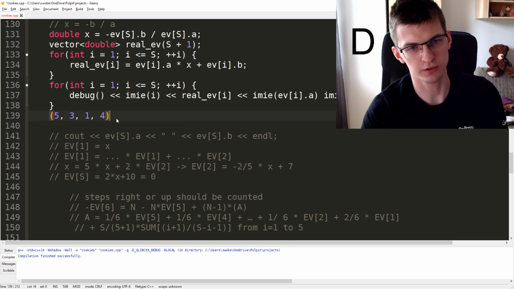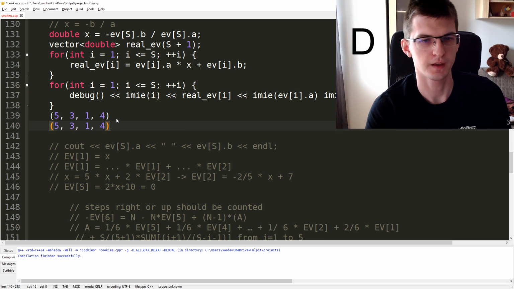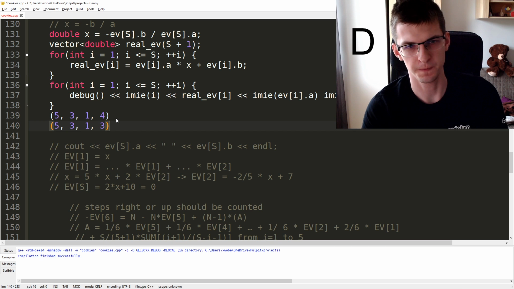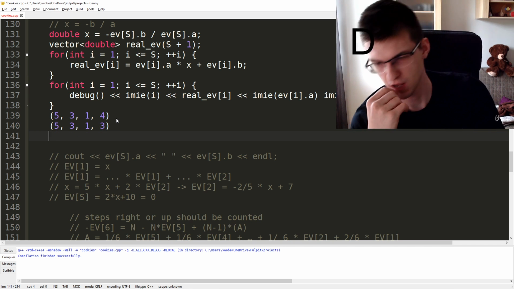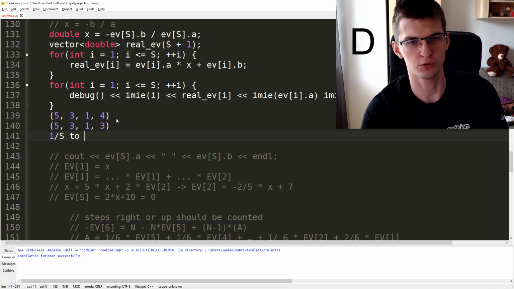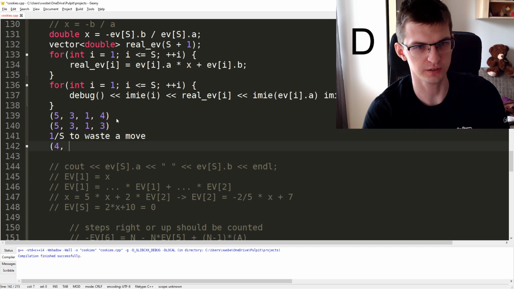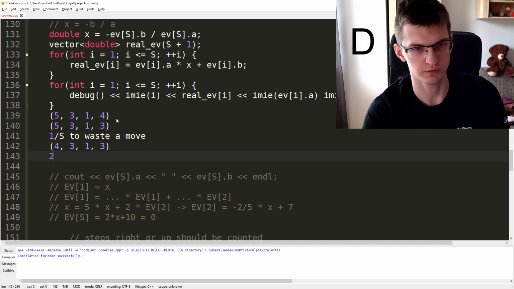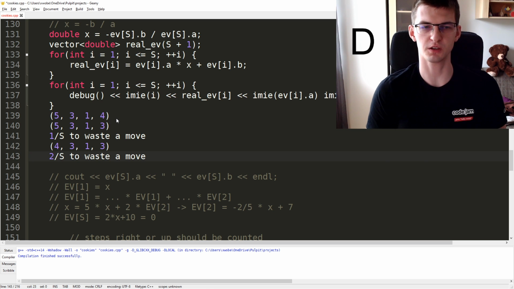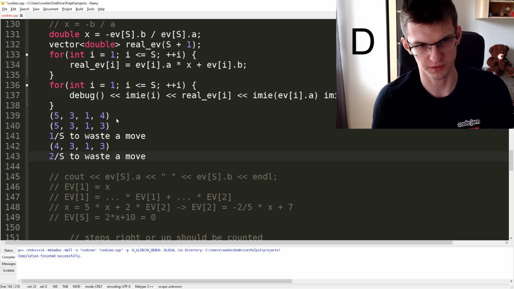After I take one cookie, after I take, for example, this cookie, then from now there is probability 1/s to waste a move. After I take another cookie, there is this probability to waste a move. And wasting a move means that the next cookie to take is an assigned one, and it wastes a move.